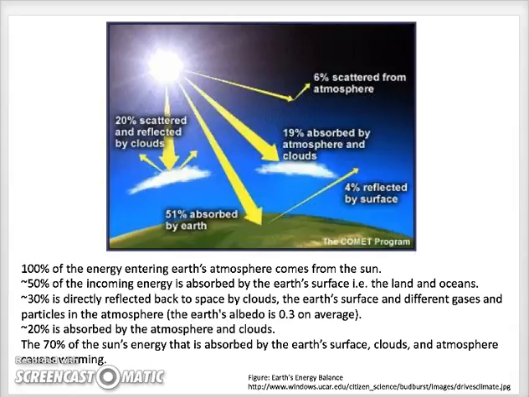These gases constantly emit the energy back into the atmosphere and keep the Earth at a habitable temperature. Eventually, most of the energy makes its way back out to space, and Earth's energy balance is fairly well maintained. The energy that doesn't make its way out is responsible for global warming.